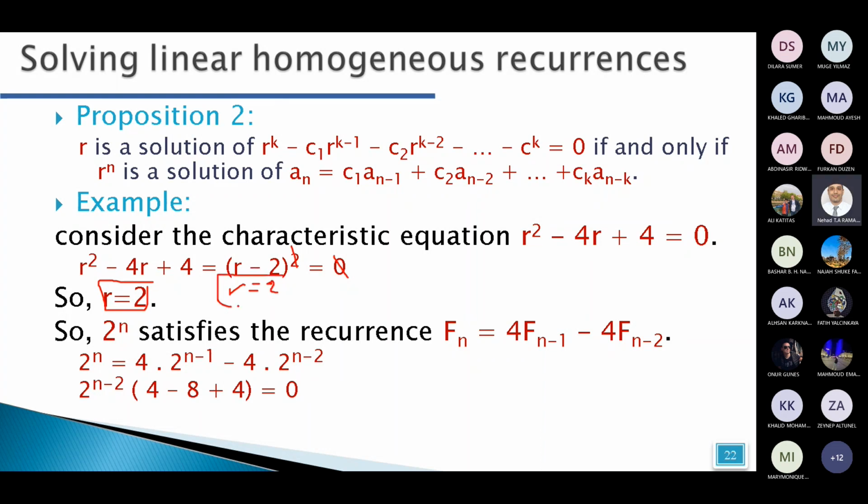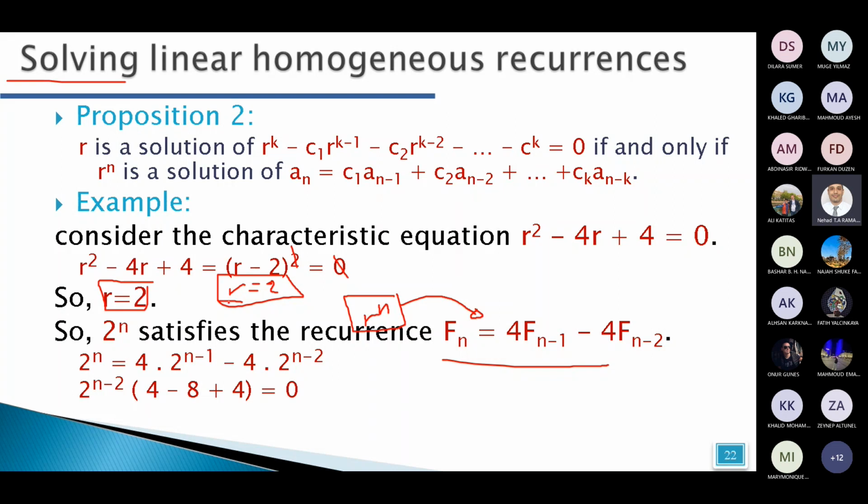When you get this solution for the characteristic equation, r power n is the solution for the recurrence relation, or the linear homogeneous recurrence relation. So like this, we can solve it.